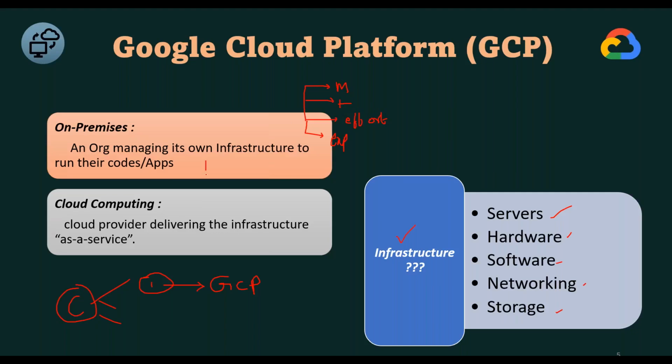That's why companies don't want to go on-premises. They are moving to cloud computing. In cloud computing, to deploy their applications, they can take the infrastructure from the cloud platform. So now you will be able to deploy your applications on the cloud platform, and the infrastructure is taken care of by the cloud provider. But what is the thing that we have to pay them?